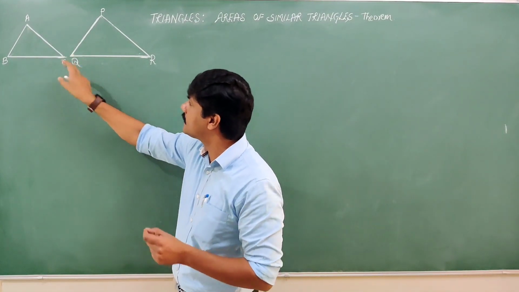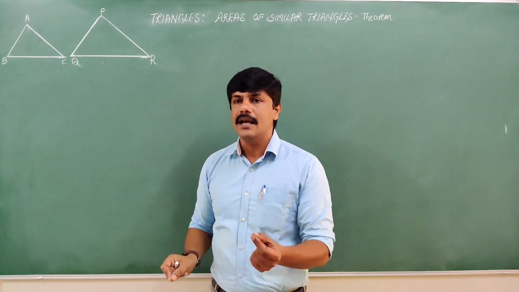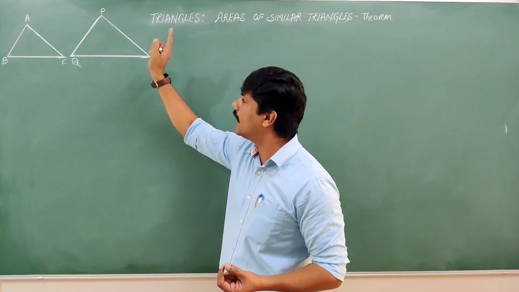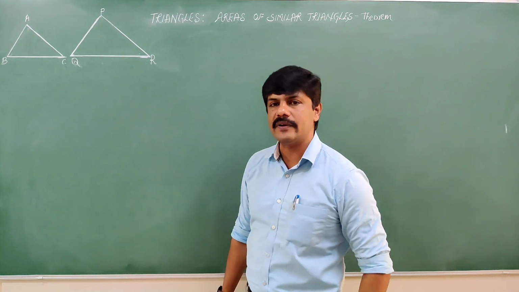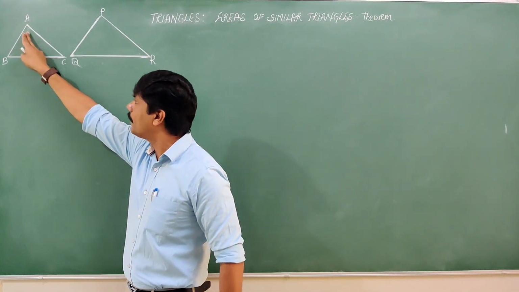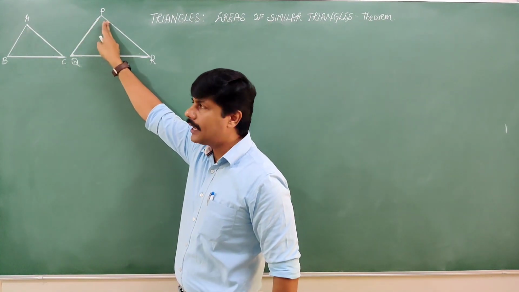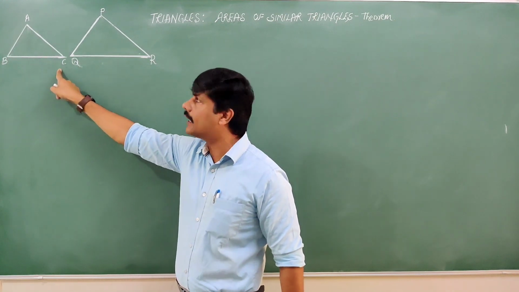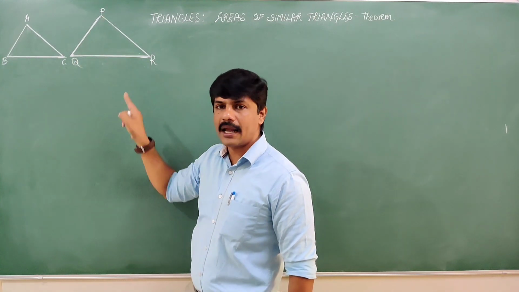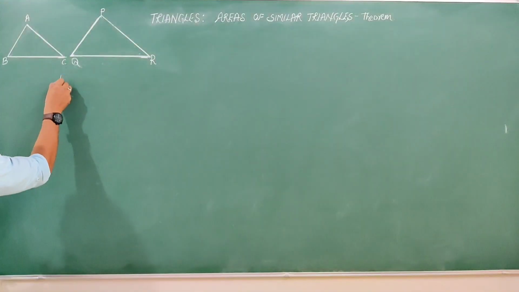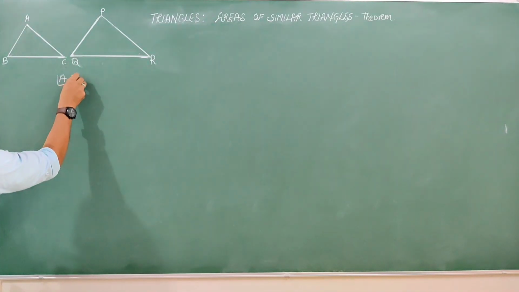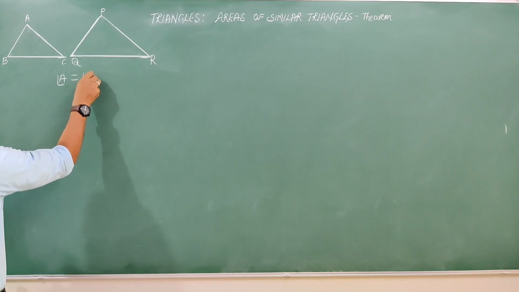We consider these as the similar triangles. Then two conditions should be satisfied. If angle A of triangle ABC and angle P of triangle PQR are corresponding angles, then angle A is equal to angle P.